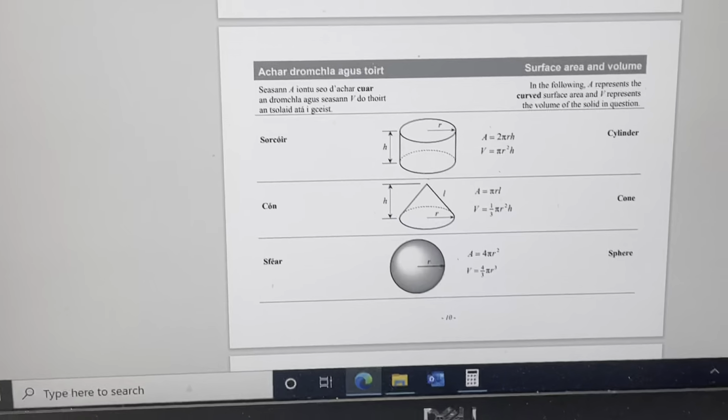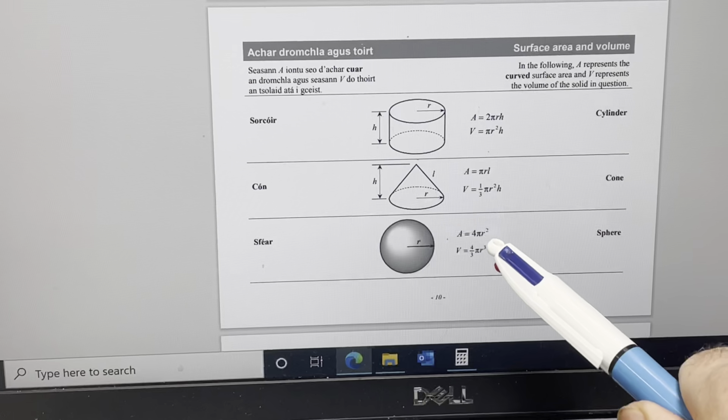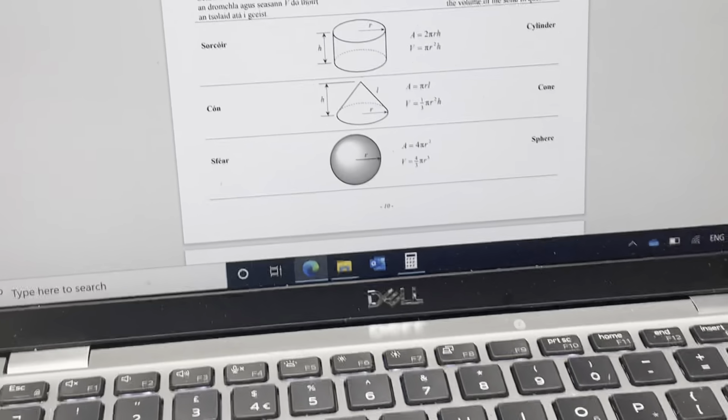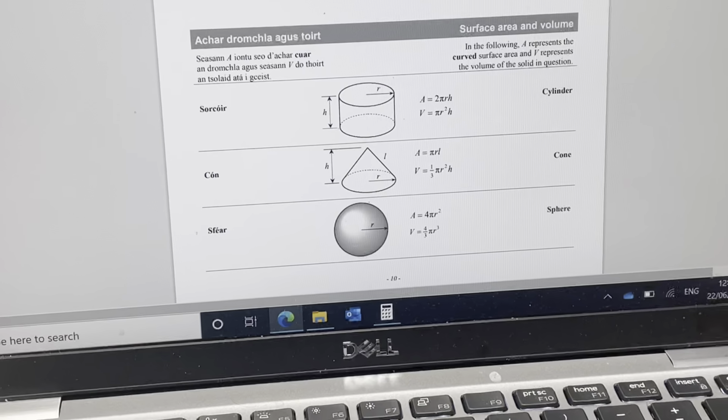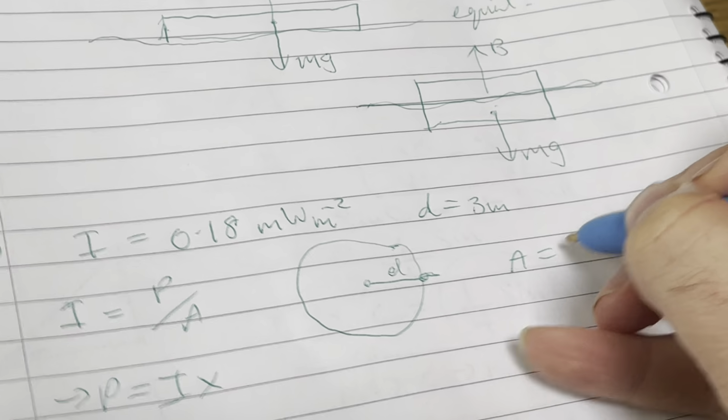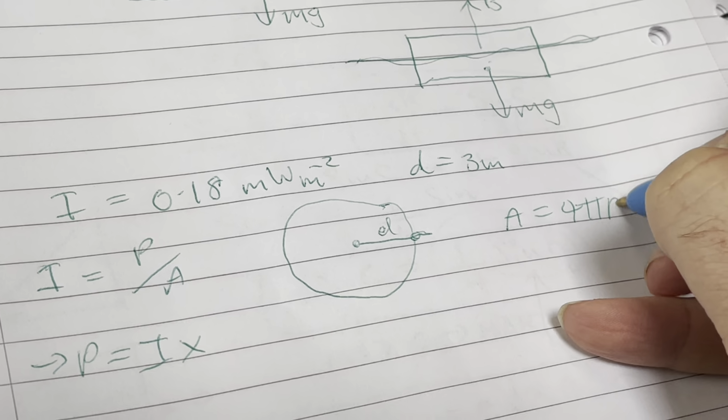So let's have a look. Area is 4 pi r squared.